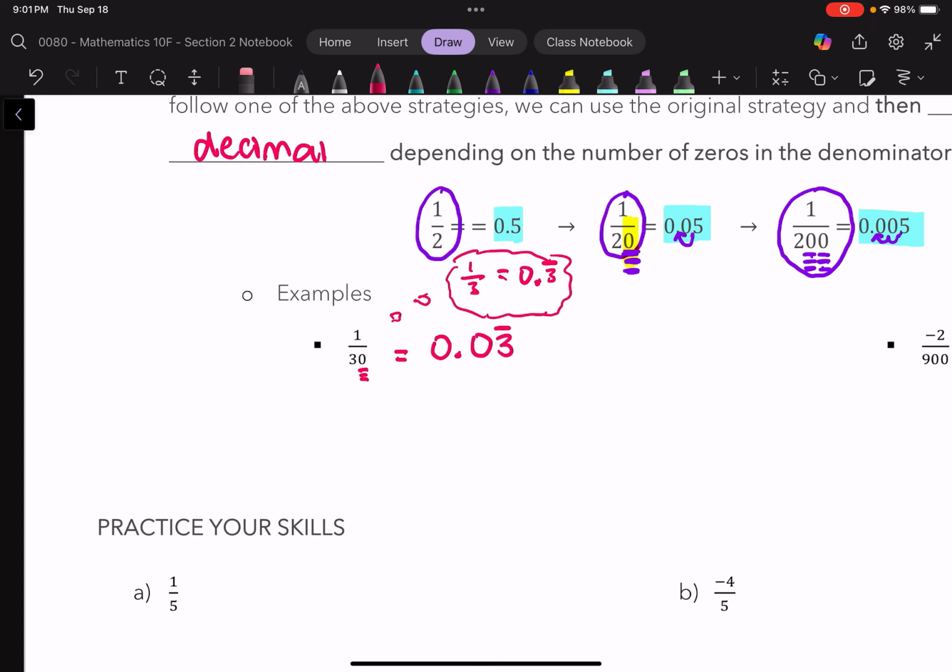So instead of having 0.3 repeating, I have 0.03 repeating. And notice that that 0 isn't part of the repeating piece because it's simply a shift in the decimal place. So if the 3's were the only thing repeating before, the 3's are still the only thing repeating now.